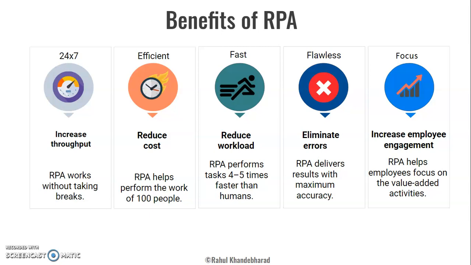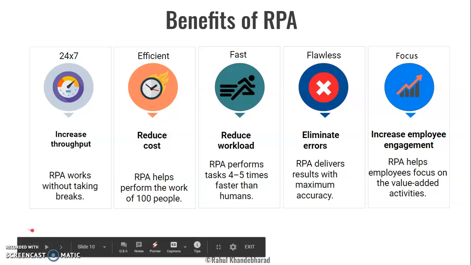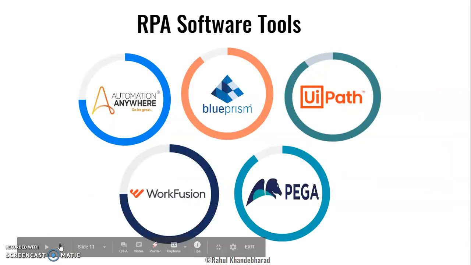Human error always prevails when we appoint an executive for solving that query or doing that repetitive task. Then it can increase employee engagement. If it is an attended robot, it can increase employee engagement and give valuable add-ons to the activities that the employee does for solving the repetitive task. So these are some of the key benefits of RPA.